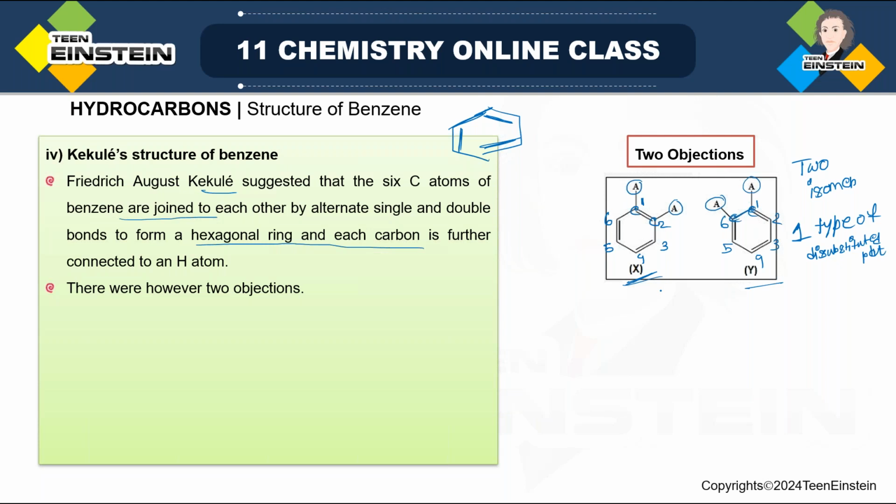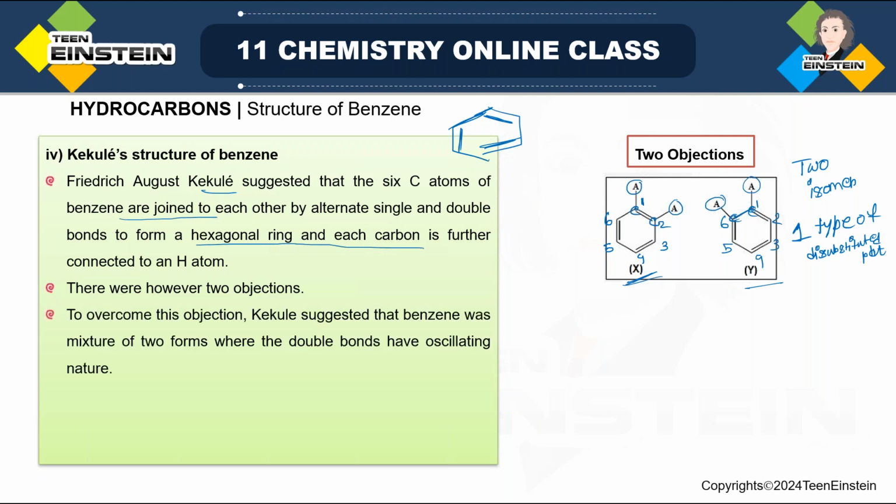Now how will we explain this? To overcome this objection, Kekule suggests that benzene was a mixture of 2 forms, where the double bonds have an oscillating nature. That is, to overcome these objections, we are not getting 2 isomers. We just get one type of molecule.